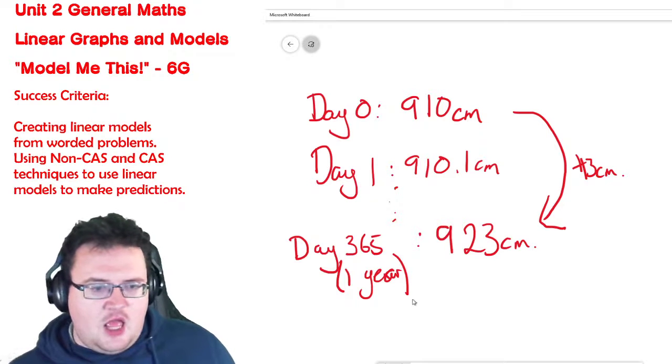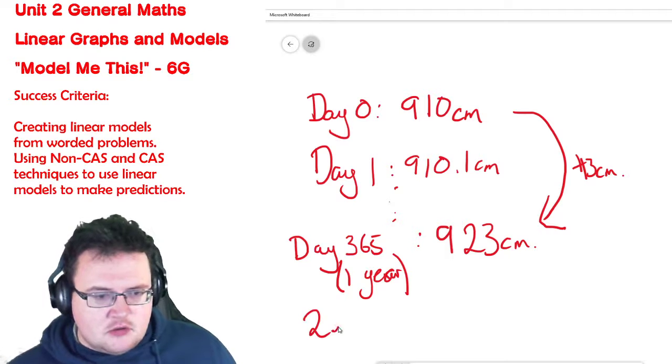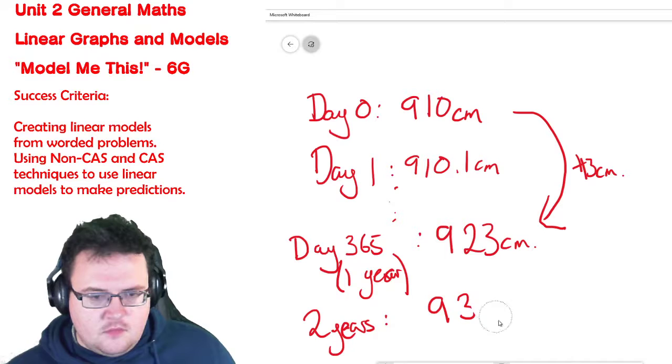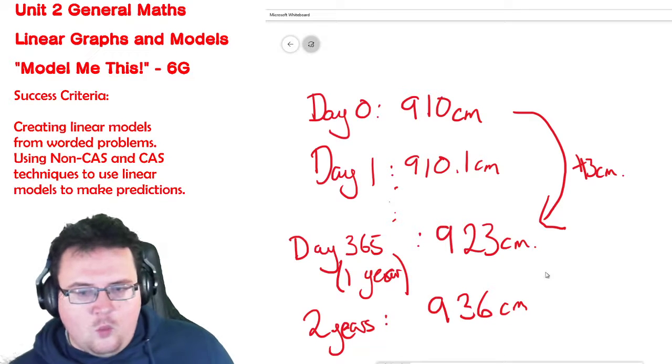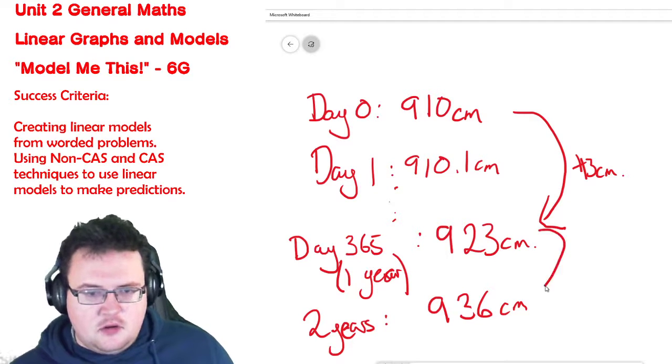Well, if I then skip ahead to 2 years, and it is 936. What's the growth between those 2 years? It's still 13.